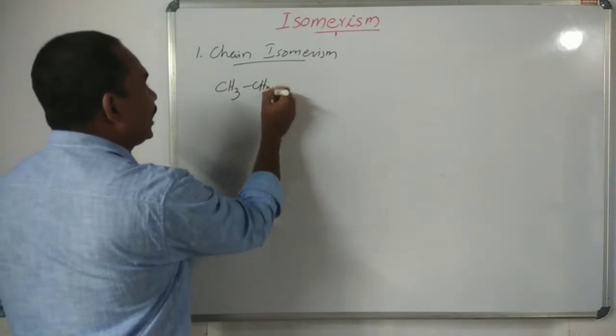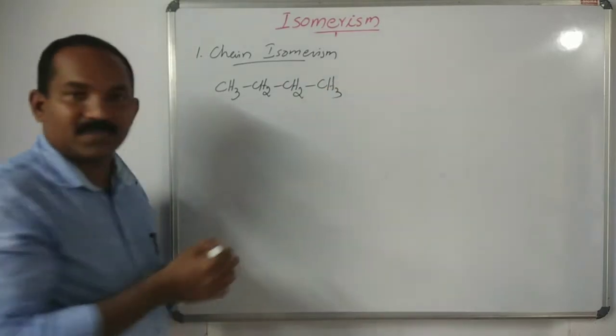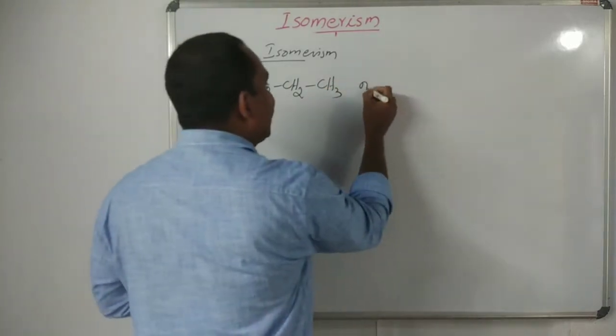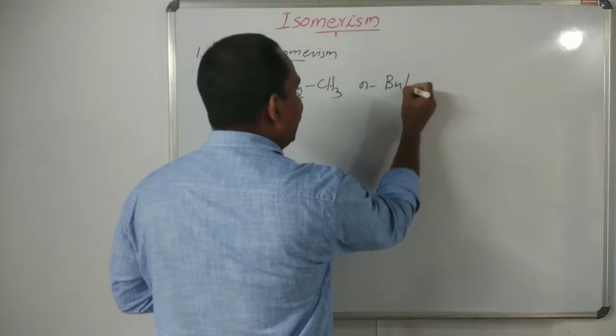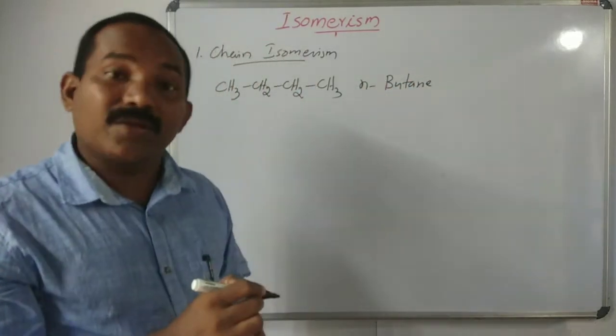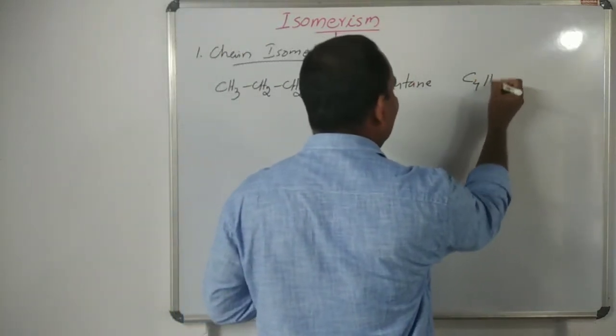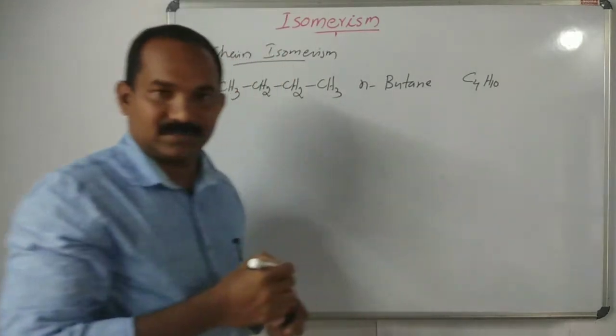CH3, CH2, CH2, CH3. What is it? It is n-butane. What does the small letter n denote? Normal butane. The formula is C4H10.